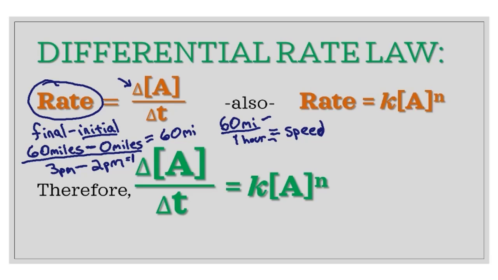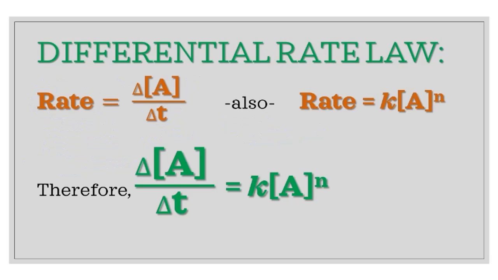And so a rate is the change of something on the top of the fraction over the change in time. So rate is always going to have time included in it on the bottom. Now, this is just the general formula for rate.